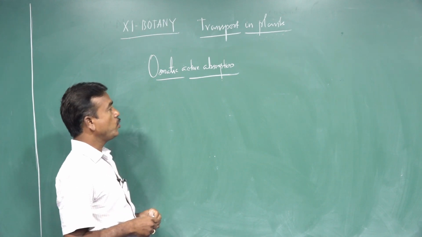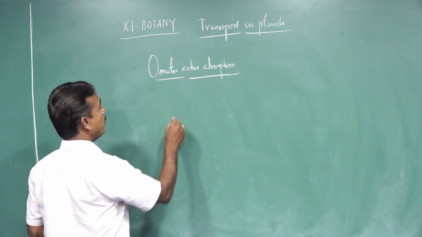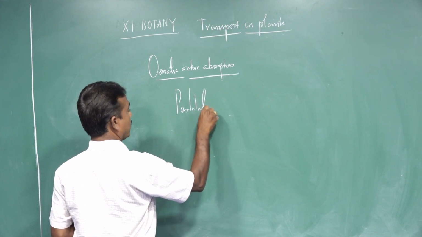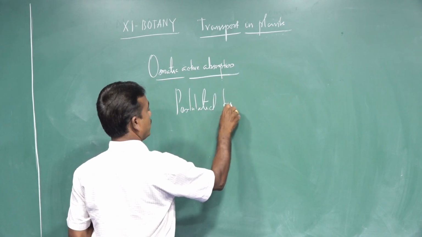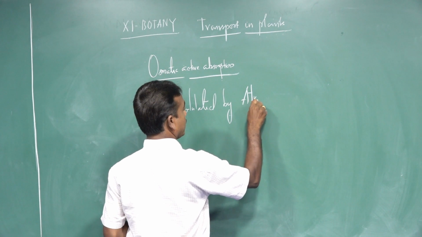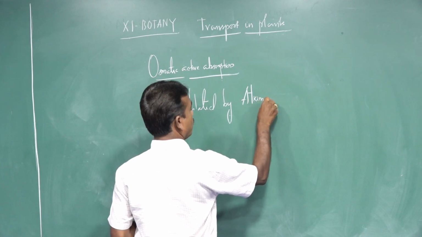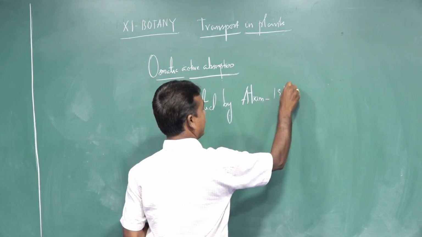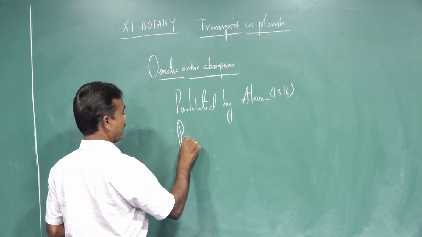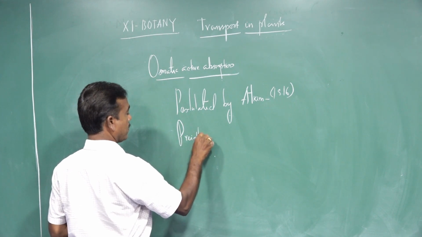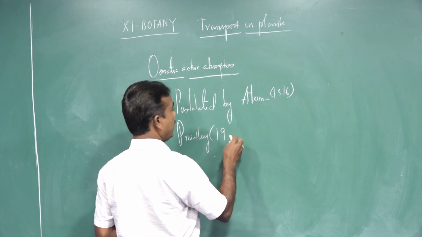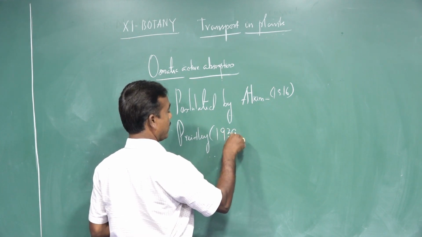Osmotic active absorption was postulated by Atkins in the year 1916, and also by another scientist in the year 1939.